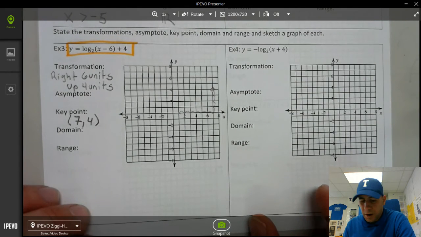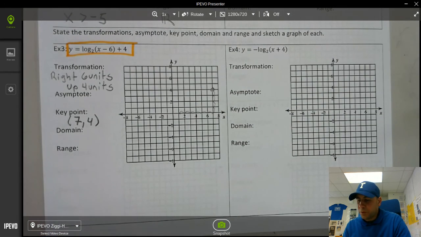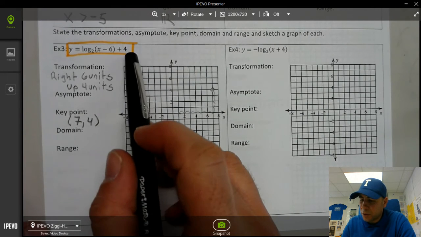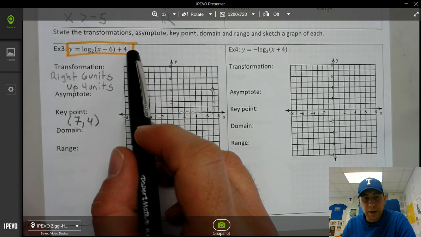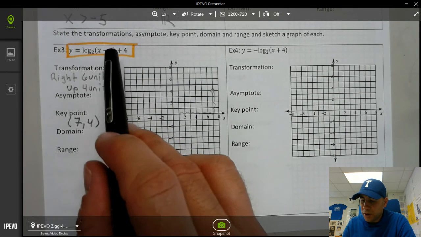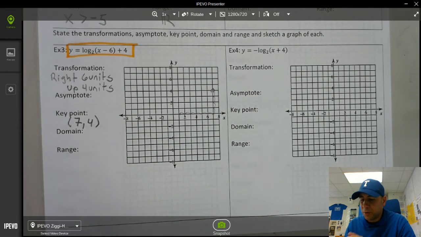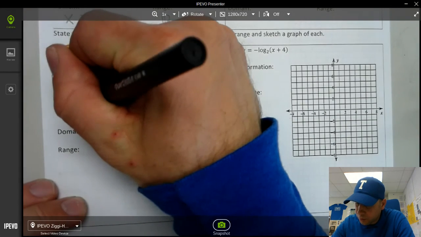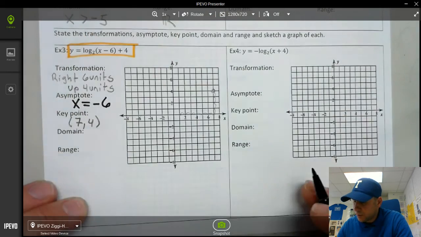Now, we knew from an exponential that the plus k value was where we could find the asymptote, but since we switch, we're actually looking at the h. So our h value is actually where our asymptote is, and in exponential it's y equals. So in logarithm, it's going to be x equals. So our asymptote is x equals negative 6.